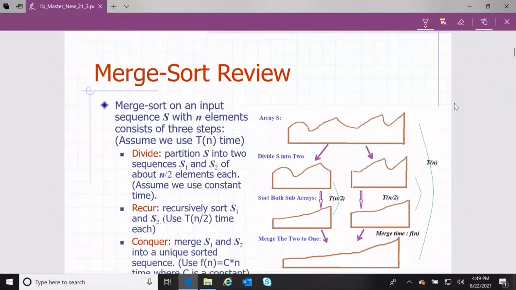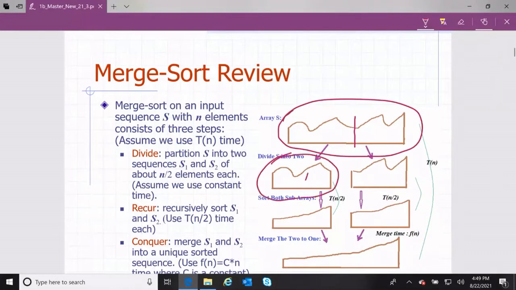We have original array S. We want to split the array into two parts, the first part and the second part.